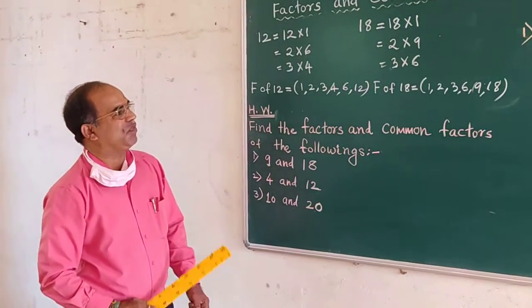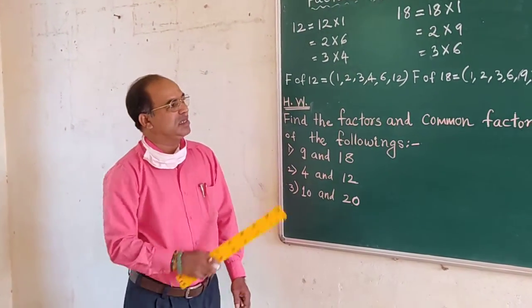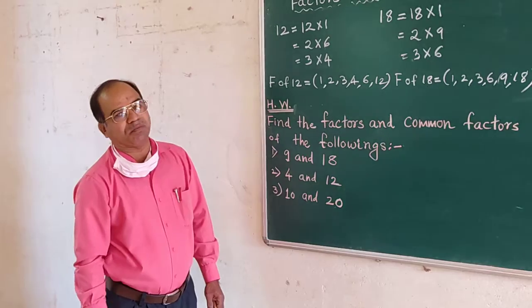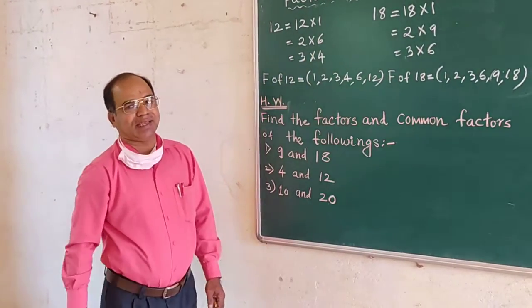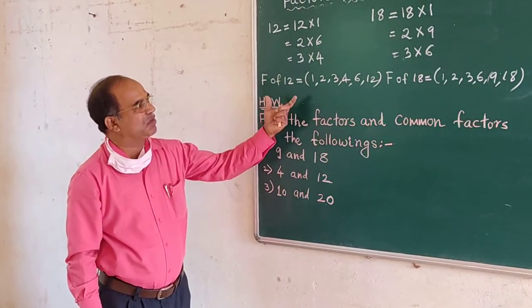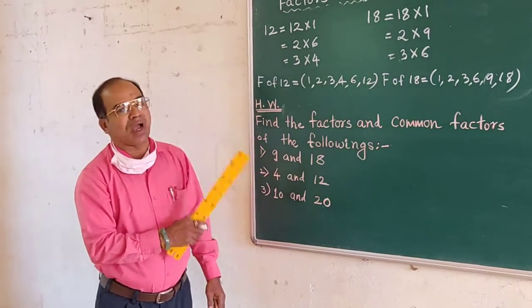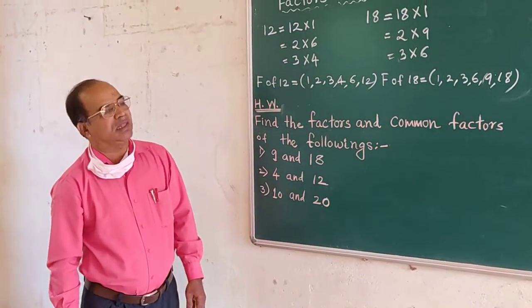So this is about finding factors of a given number. Here I have given two problems, 12 and 18, and in both solutions I have shown you how to find factors of a given number.